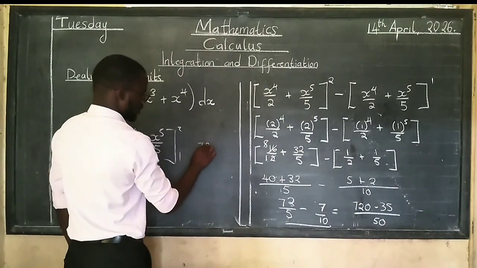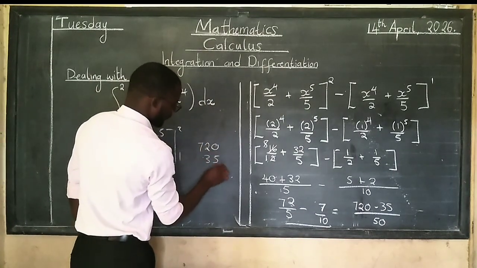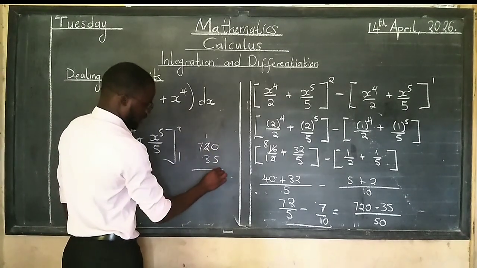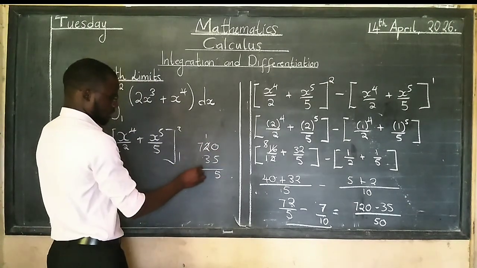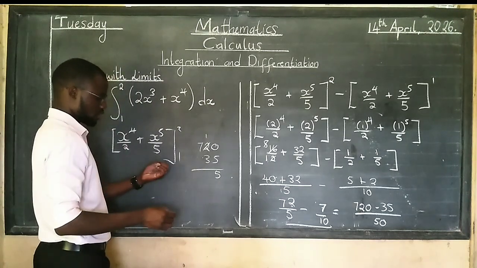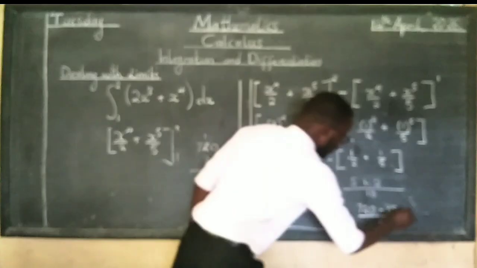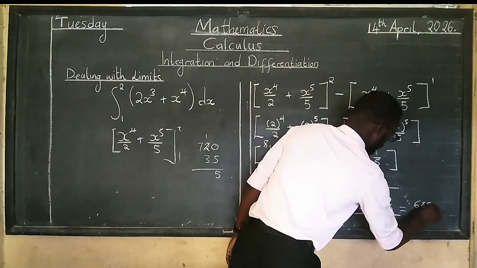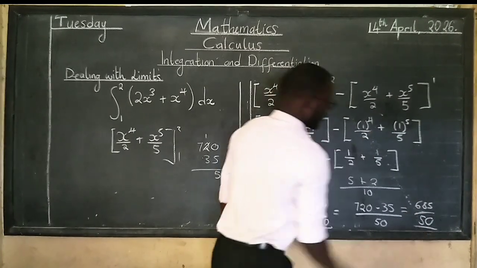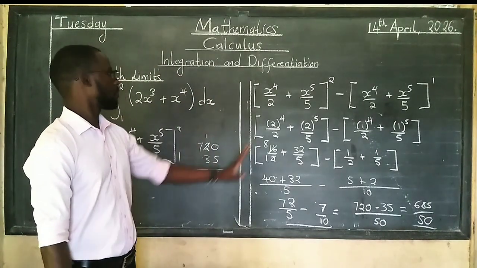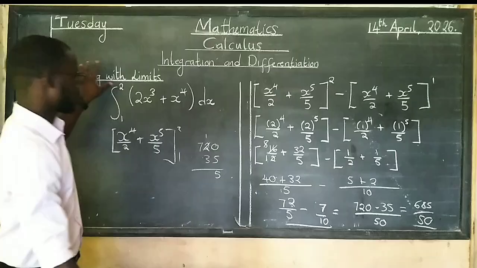Now 720, this is going to be 1, this is going to be 10, so this will be 5, this is going to be 68, 69, 71, 68. So this is going to be 685 over 50. If you want, you can go ahead and make that into a mixed number. So this is all about dealing with limits.